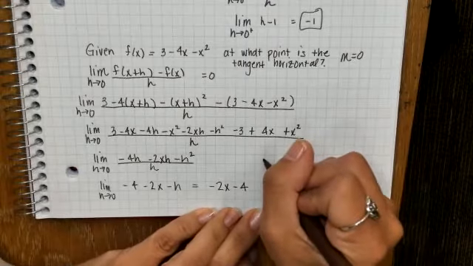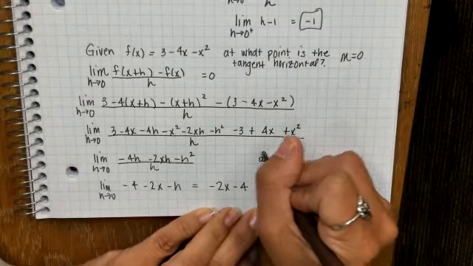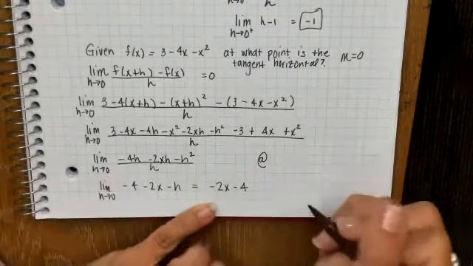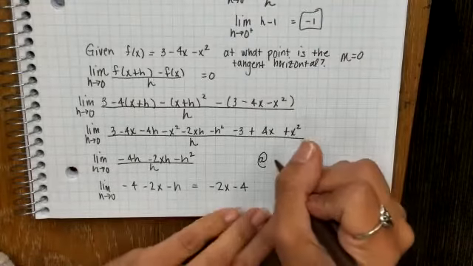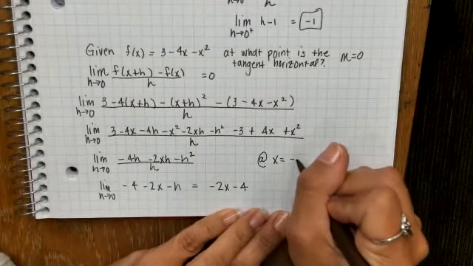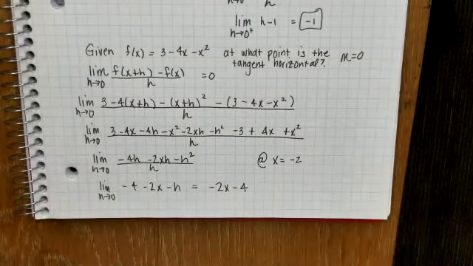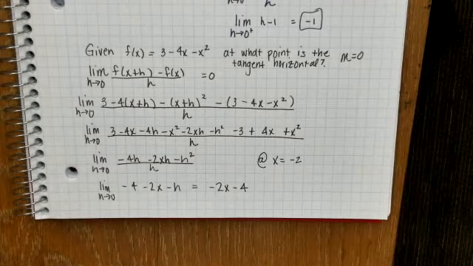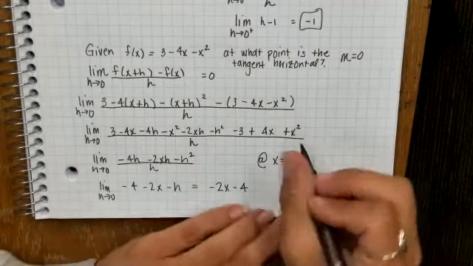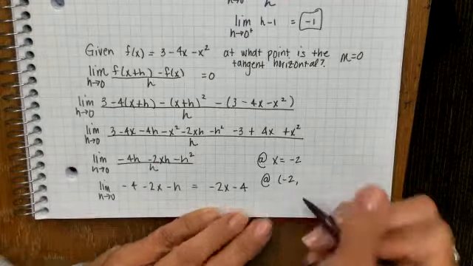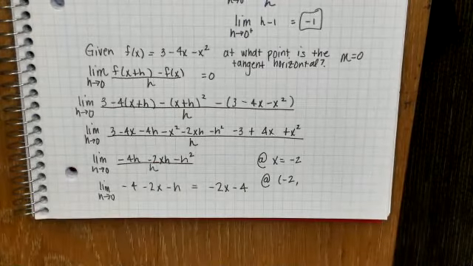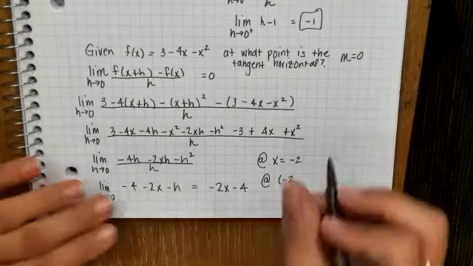Well, first let's figure out when this equals 0, you get x equals, how about -2? Okay, but certainly we need to figure out what the y value is that corresponds with this. So it would be at the point -2, 7.